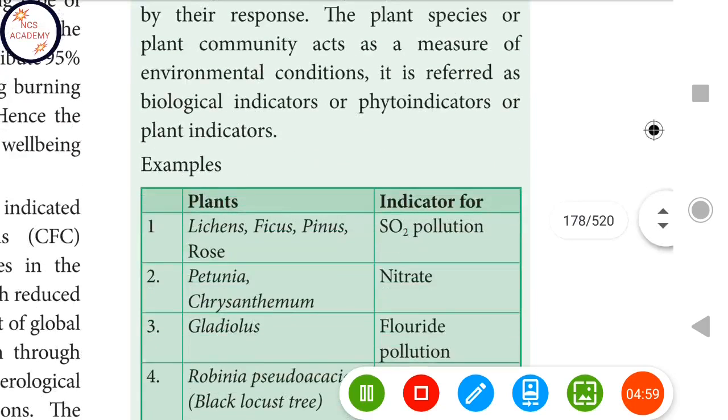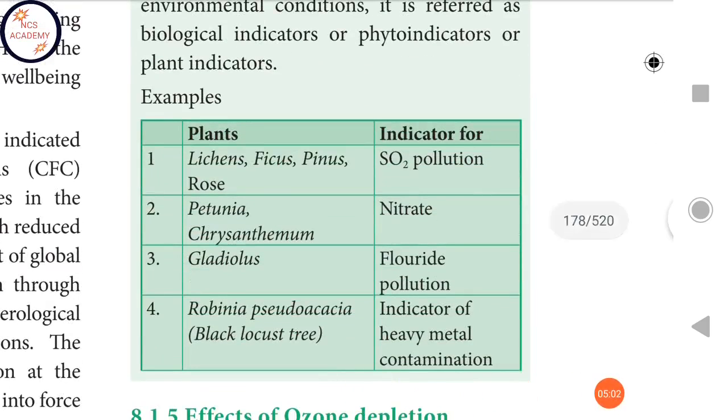Some examples are given here. Lichens, ficus, pinus, rose: these are the indicators for sulfur dioxide pollution. Like that, petunia is the indicator of nitrate. Likewise, chrysanthemum also.